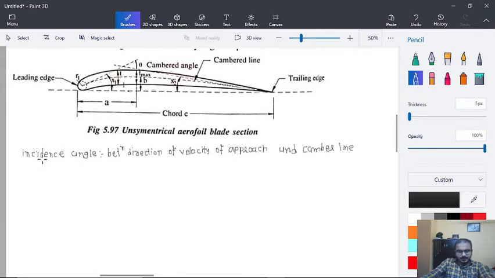The next is X1, the camber angle at inlet. X2 is the camber angle at outlet.